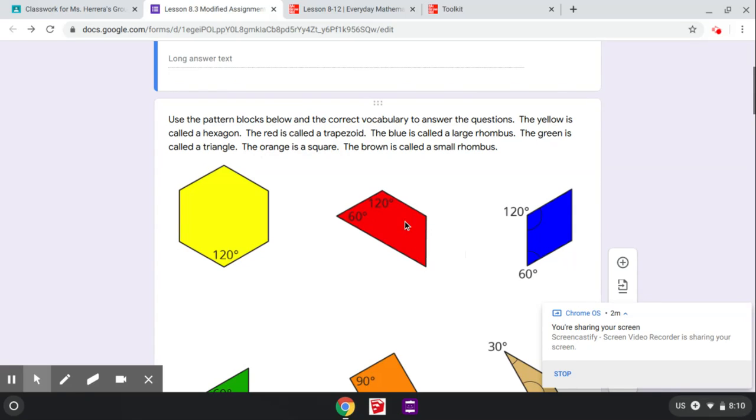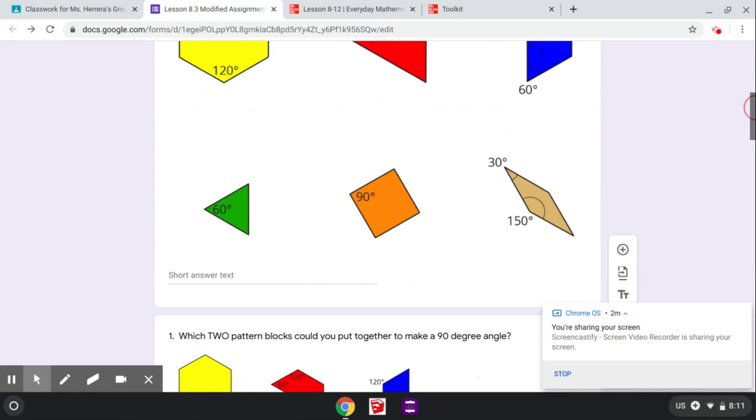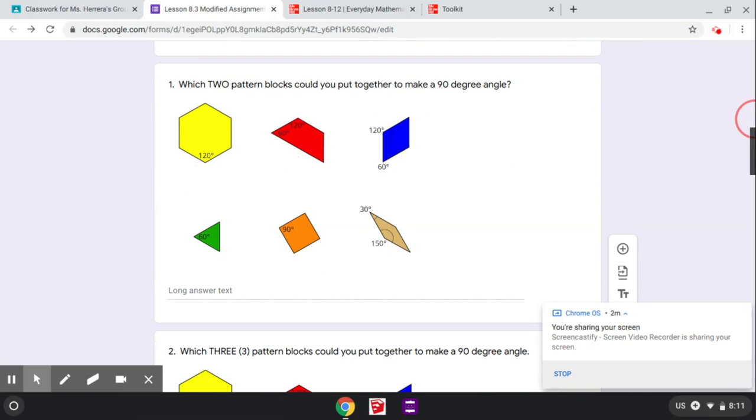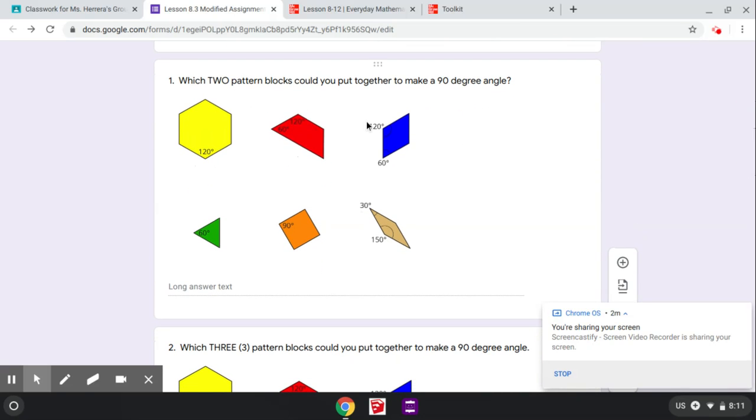So if you forgot the name of this red shape, that's the trapezoid. This yellow one is the hexagon. This is a large rhombus. And the one down here is the small rhombus. Okay. So question number 1, you had to look and see which 2 blocks added together, like which 2 angles added together equal 90 degrees.